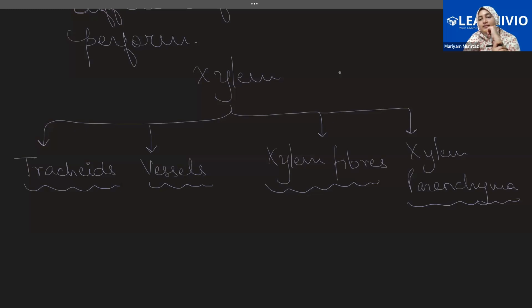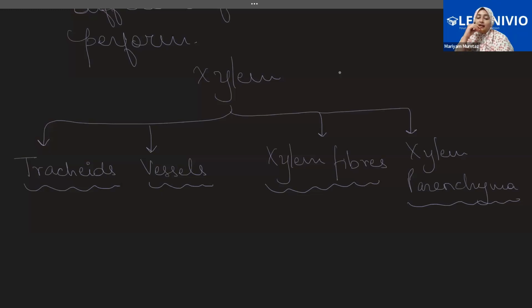One of the components has a storage function. Which one would store? Parenchyma. Very good. Exactly. Xylem parenchyma will store some of the food products. Because you people remember the function of parenchyma, right? So it's just the parenchyma which is found in the xylem, so we call it the xylem parenchyma.